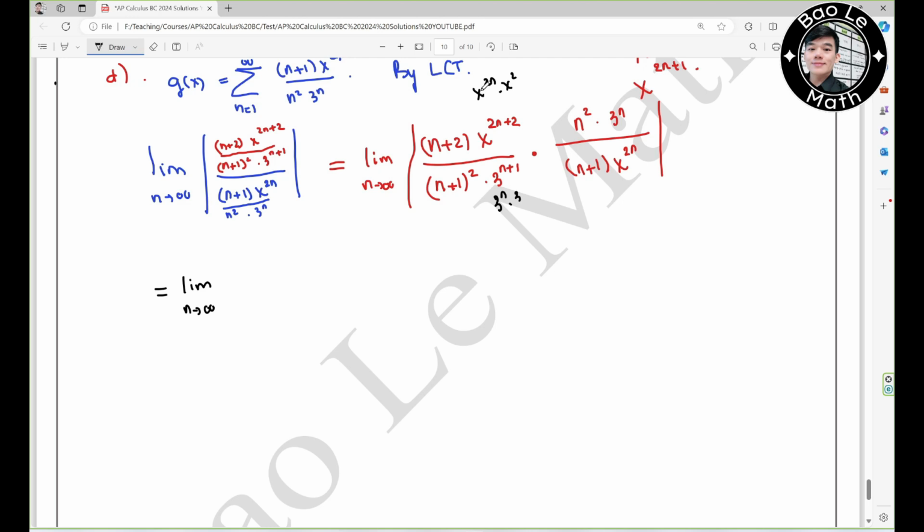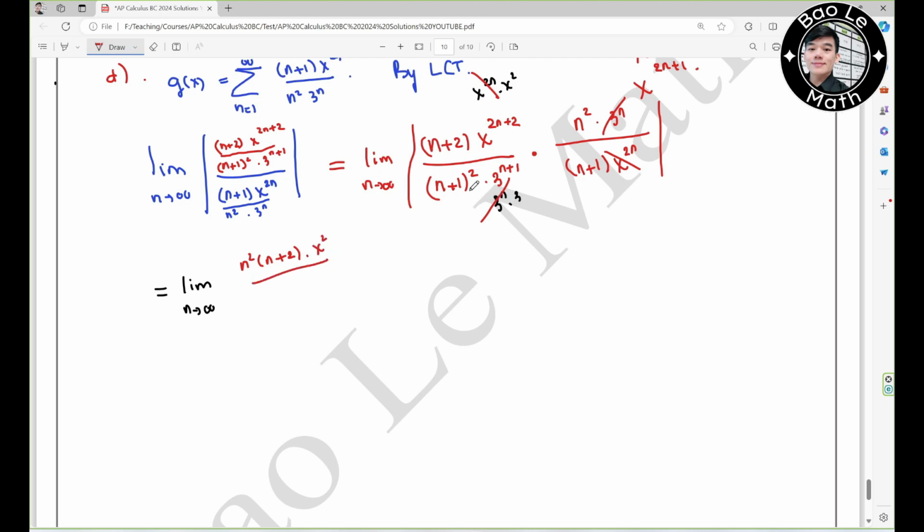The s to the 2n right here and the s to the 2n right here cancel out. 3 to the n and 3 to the n cancel out. So the top should be n squared times (n plus 2), times s squared right here.